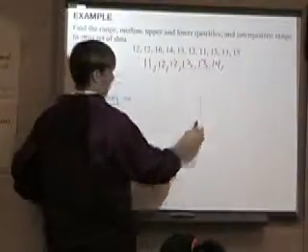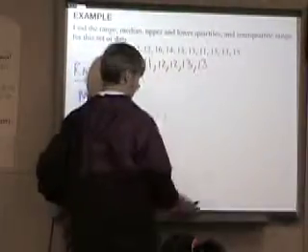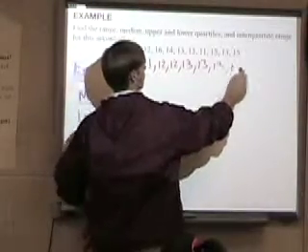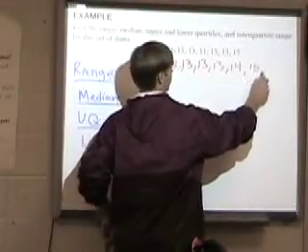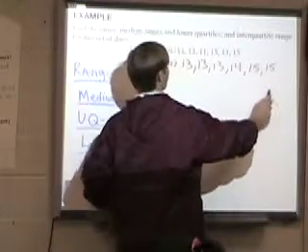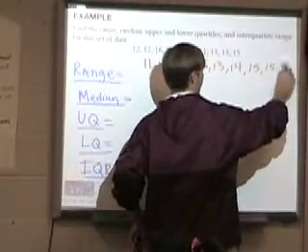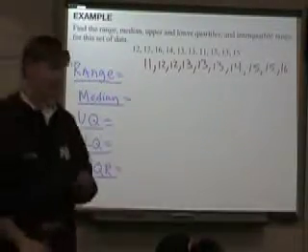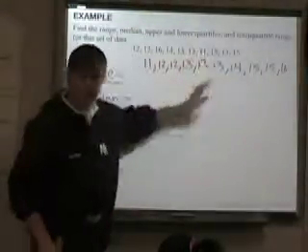Another 13? Yeah. What's next? 14, 15, 15, 15. 2 15s and a 16. Now, that's always your first step when we're dealing with data. This is data. Least to greatest.